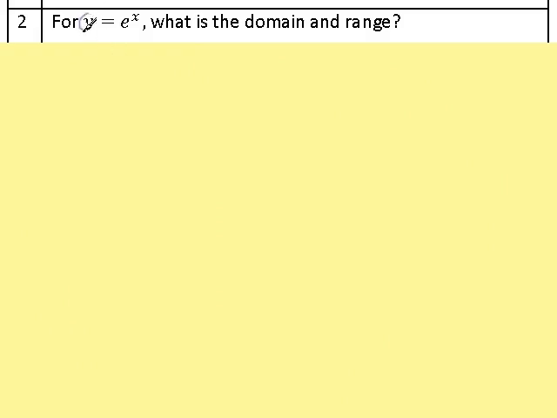The graph of y equals e to the x looks very much like y equals 2 to the x. Remember that e is approximately equal to 2.7. And the graph is very, very similar. It's going to go through 0, 1, and that's because e to the 0 is equal to 1.